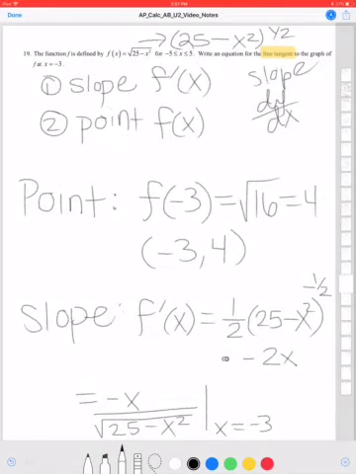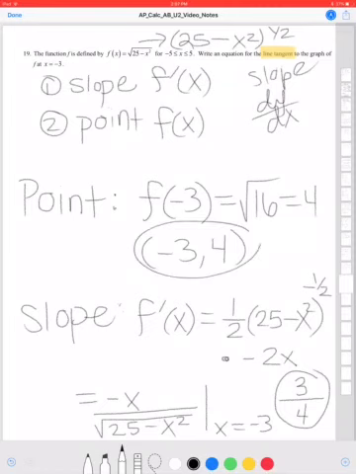Alright, so if I plug in -3, I'm going to get 3 over, so -3, 25 minus 9, 16, square root of 16 is 4. Alright, there's my slope. Okay, so I've got my point, and I've got my slope.